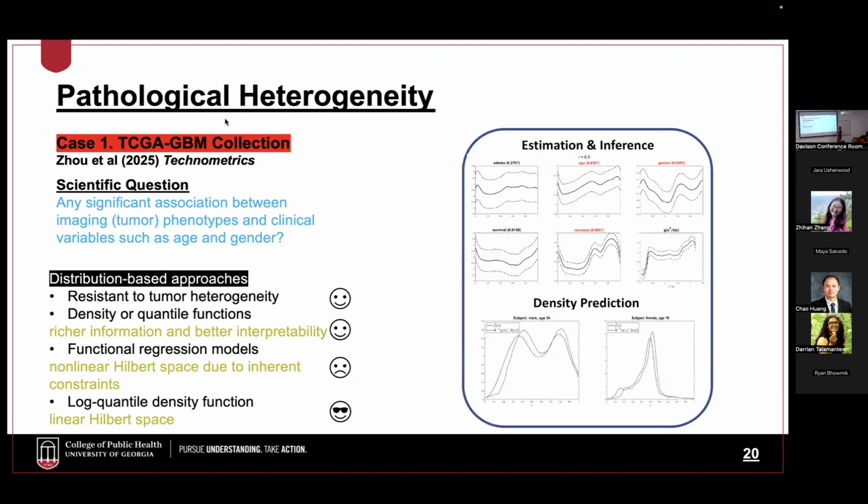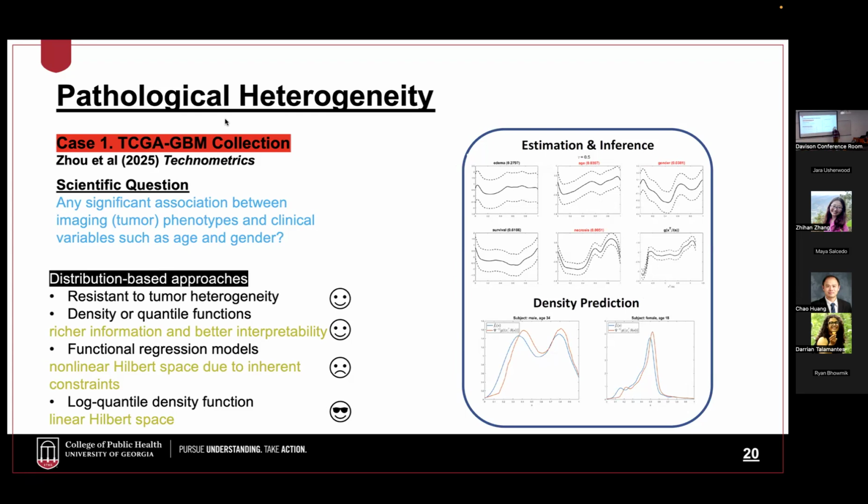And once we use our model, we do find a significant relationship between the age and these tumor phenotypes. And besides that, we also find a strong, significant association between these tumor areas and gender, and also we have other different biological variables here. And besides this kind of inference result, our model is very powerful because we can also do predictions.